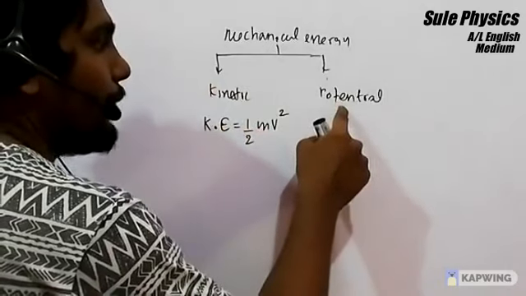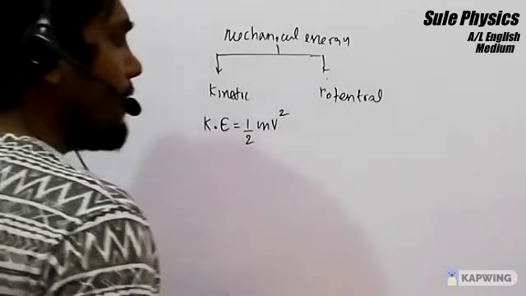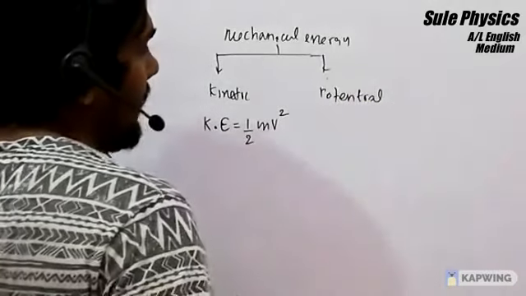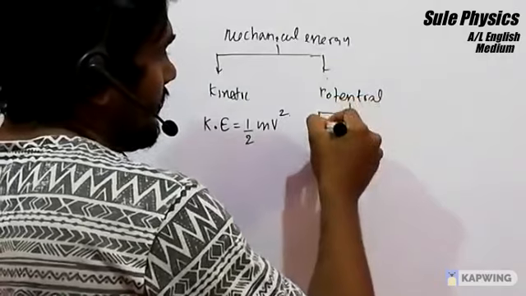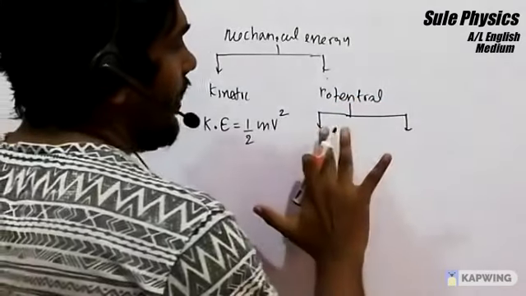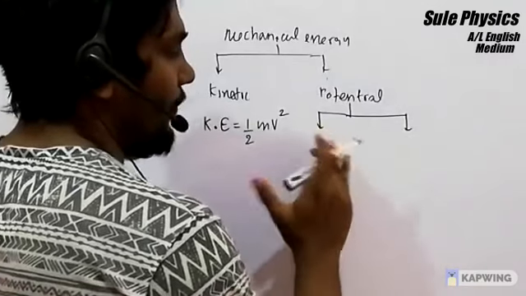When it comes to potential energy, it can be further classified into two subcategories, right? Due to the elevation of an object.